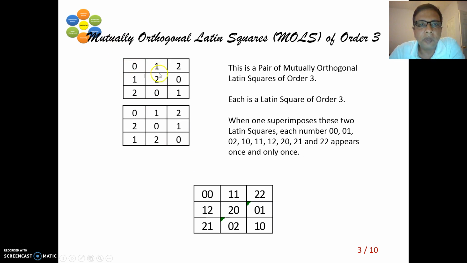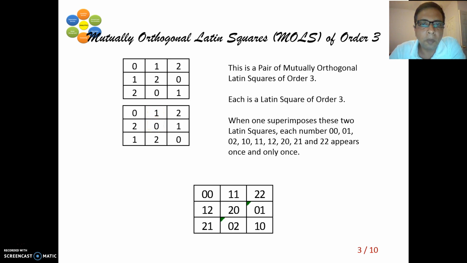Now this is the previous Latin square we saw, a Latin square of order 3, and below it is another Latin square of order 3, a different one, just interchanging the two rows. So both are Latin squares. If you check, any digit that comes in a certain position comes only once in that column or row.